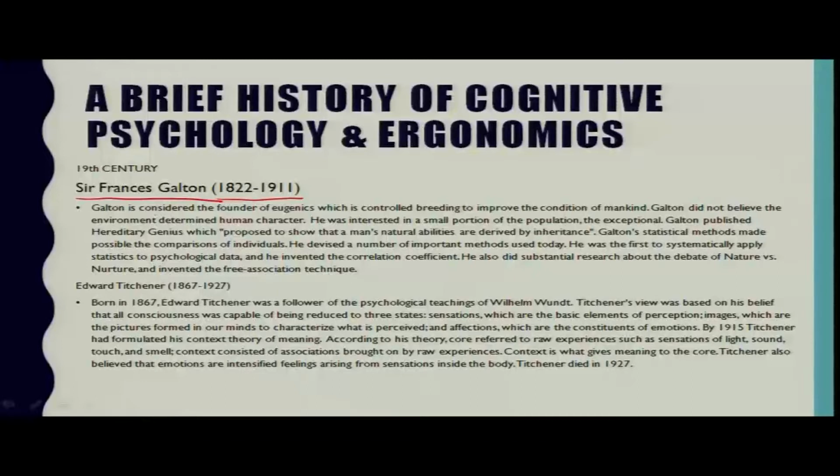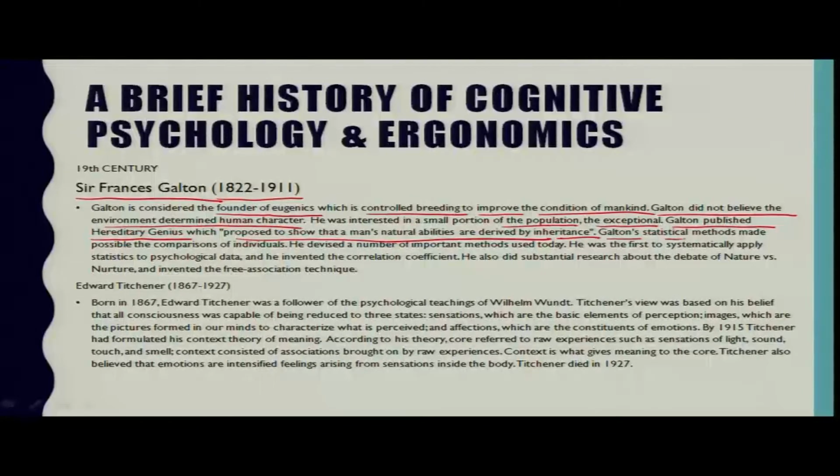Galton is considered the founder of eugenics, which is controlled breeding to improve the condition of mankind. Galton did not believe the environment determined human character. He was interested in a small portion of the population, the exceptional. Galton published Hereditary Genius, which proposed to show that a man's natural abilities are derived from inheritance.